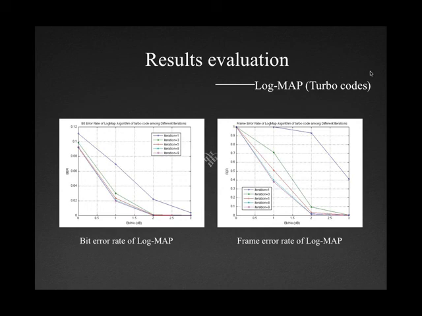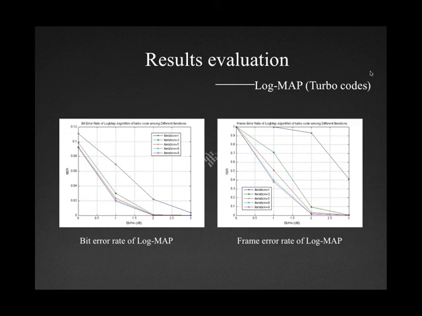Now I'll evaluate the result. This figure shows the bit error rate and frame error rate of the log-map algorithm. Look at the first figure. We can find that when the SNR increases, the bit error rate decreases greatly. What is more, when the iteration increases from 1 to 8, the bit error rate decreases greatly.